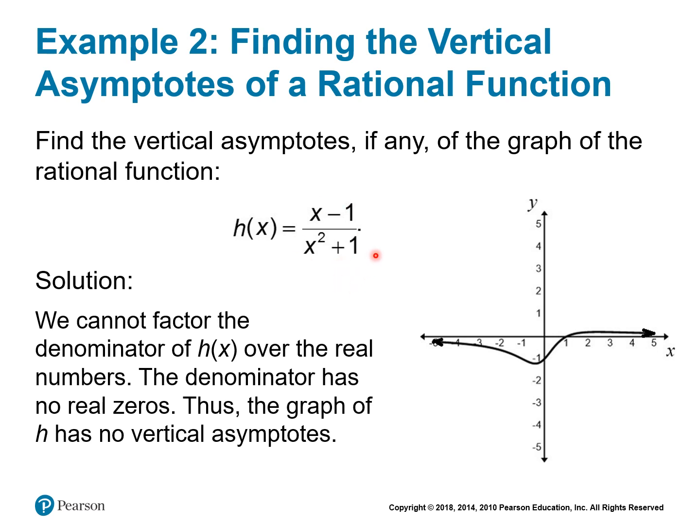We can take our denominator expression, make it equal to 0 and solve for x to find the vertical asymptote. So the denominator is x squared plus 1 equal to 0, right? We move the plus 1 over to the other side and it becomes x squared equals -1.